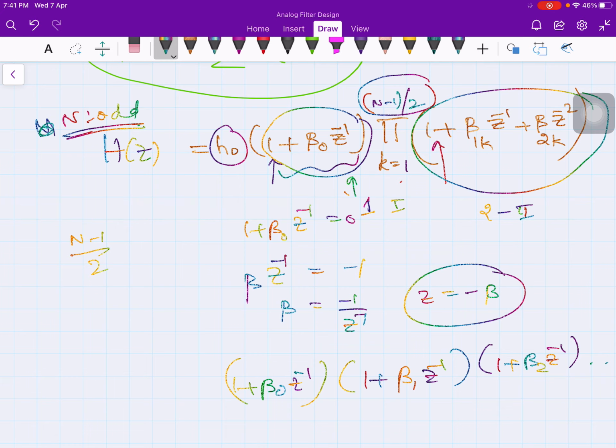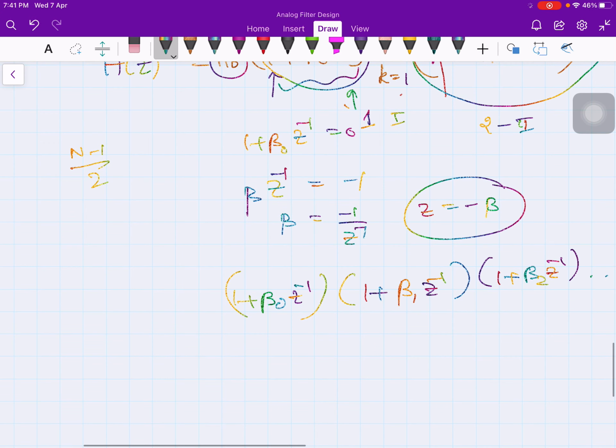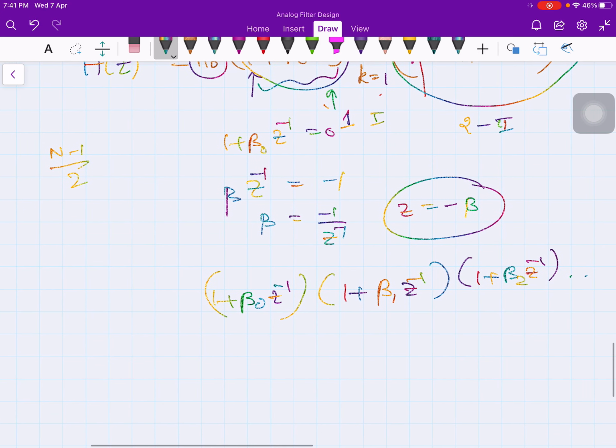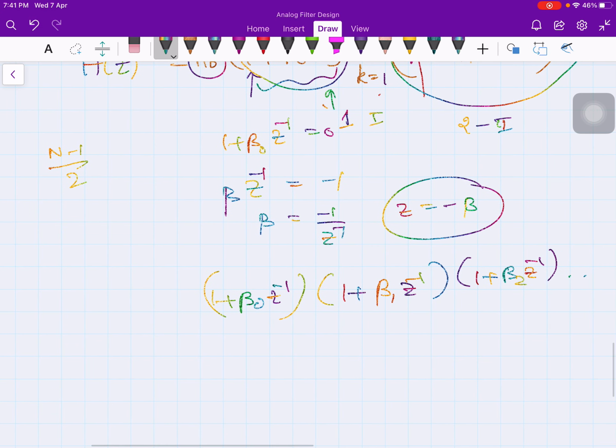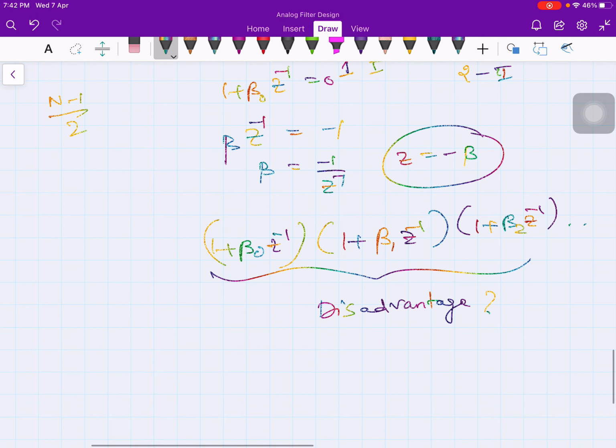Why not? I could do that, but what would be the disadvantage in writing in this format? When you write it as a product of first order factors, you will get complex coefficients.